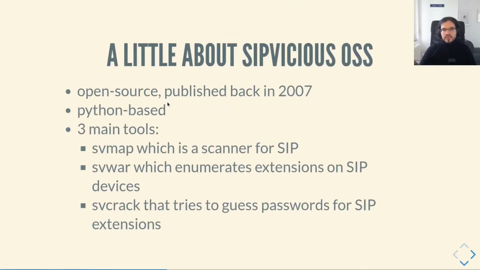So I'll be talking first about the SIPVicious OSS version, which we're keeping up to date, and we're adding new features. I published this way back in 2007 because I wasn't very happy with what was available out there at the time. It's Python based, and there are three main testing tools, which I'll show now.